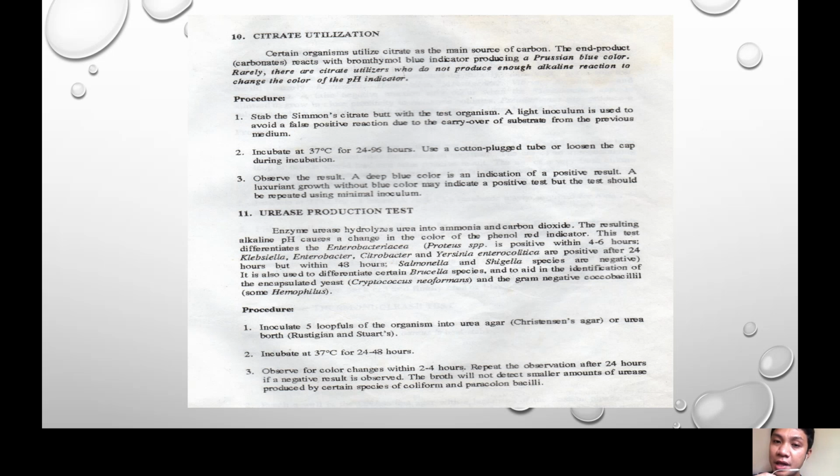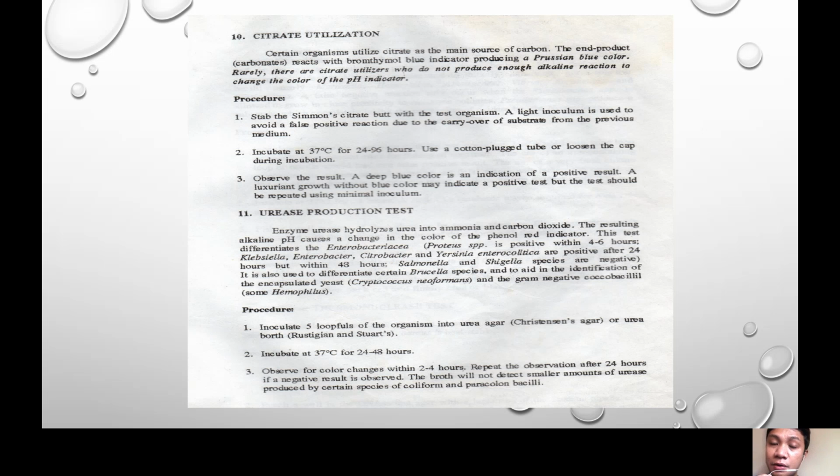Okay, urease production. Urease production will identify the enzyme urease that converts the substrate urea to your carbon dioxide and ammonia. The urea here is being provided by your culture media that may be in the form of an agar, like your Christensen's agar, or it can be a broth containing the urea, which includes your Stuart or Rustigian broth.